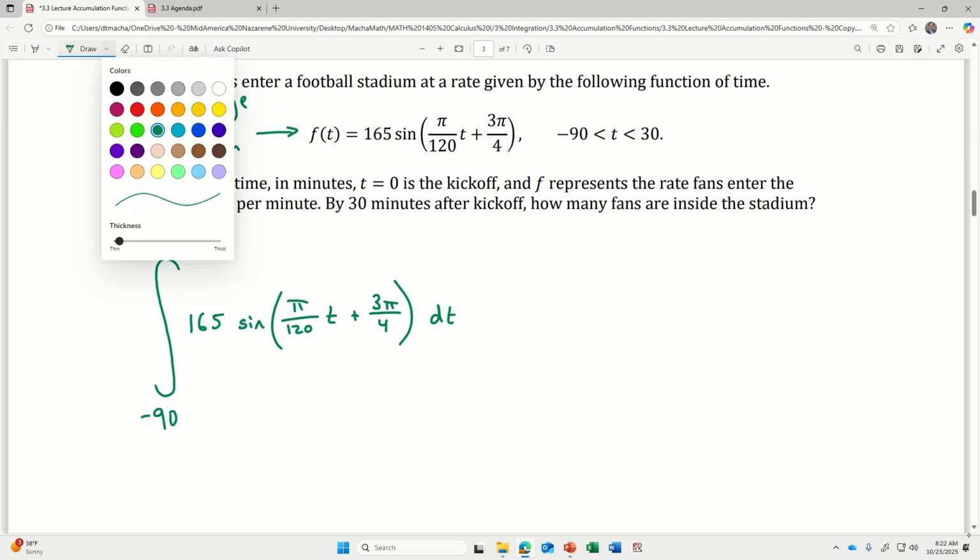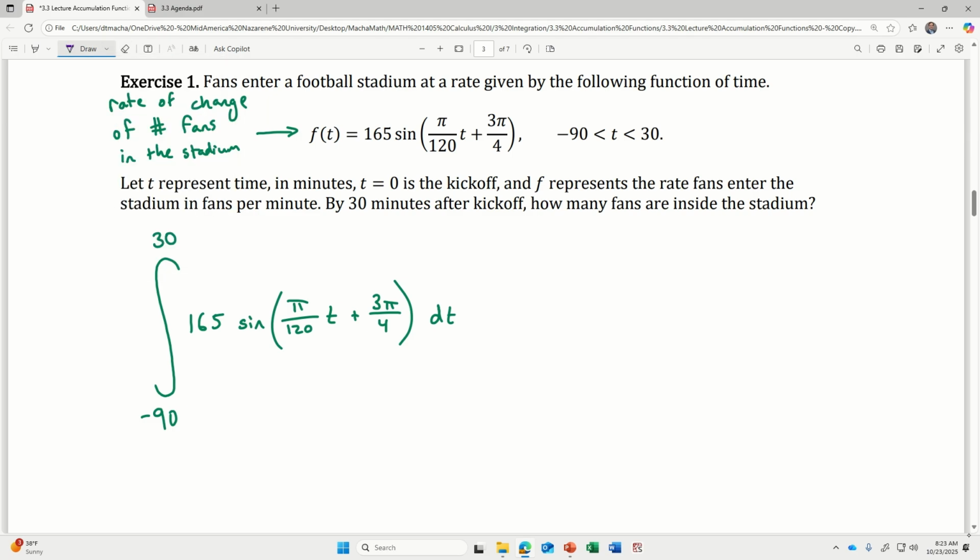So let's do a U substitution again. This time I'm going to say U equals pi over 120 t plus 3 pi over 4. Perfect. When we do a U substitution, we're looking for functions that are inside of other functions. I'm looking for a function composition in my integrand, and then I grab the part that's inside.